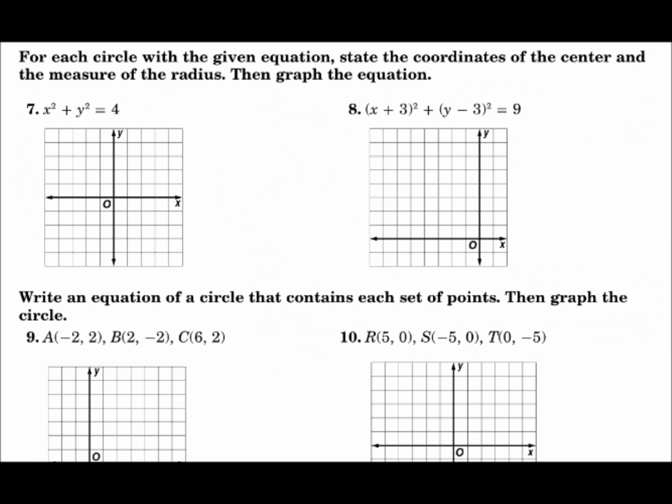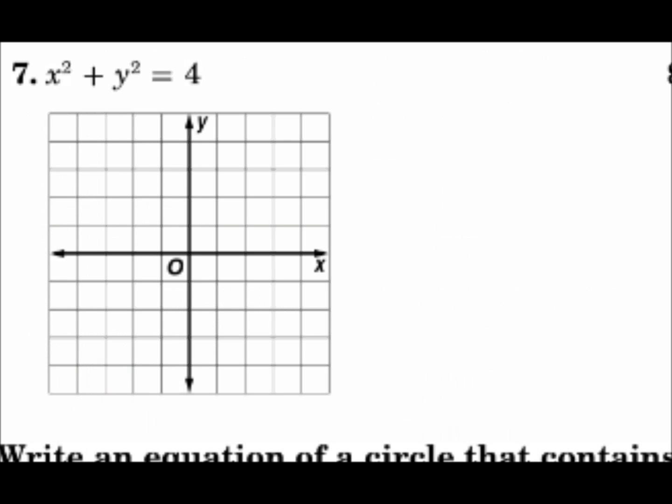For each circle with the given equation, state the coordinates of the center and the measure of the radius, then graph the equation. Number 7, x squared plus y squared equals 4. Remember, in the equation, compared to the actual center point, h and k are different. When nothing is written in parentheses with x and y, h and k are both 0.